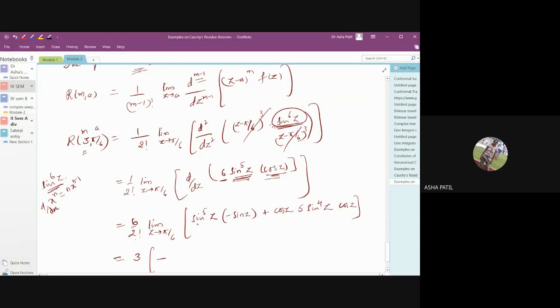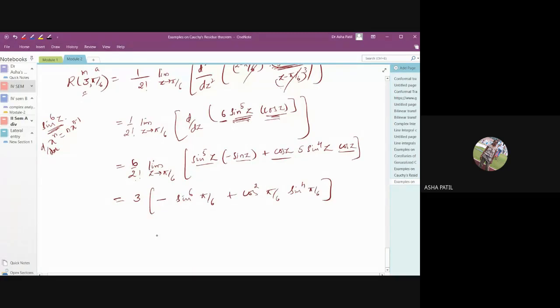Minus, it is sin z into sin z, sin^6 of pi by 6, plus cos into cos, so we have cos^2 of pi by 6 times sin^4 of pi by 6. Tell me the values. What is sin pi by 6? 1 by 2, ma'am.